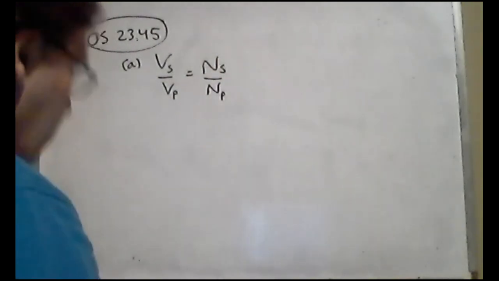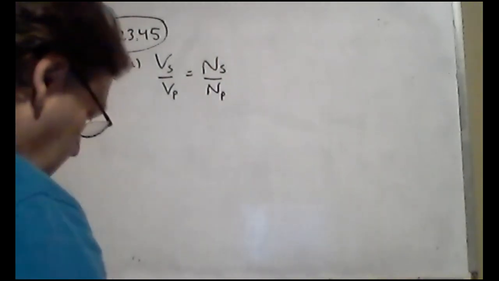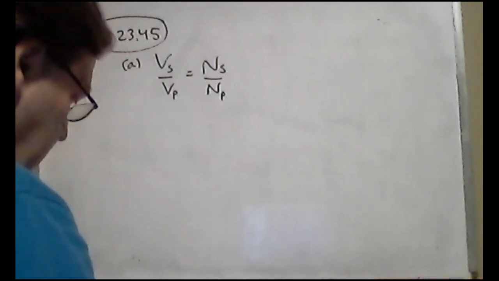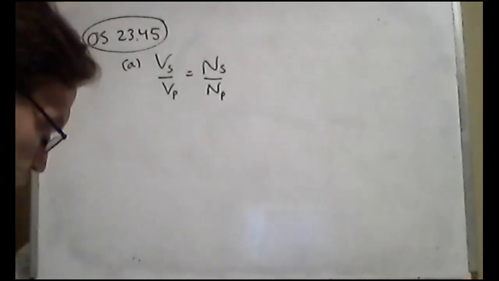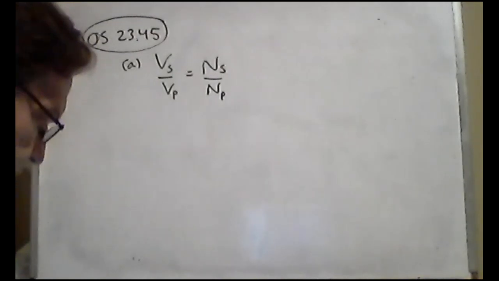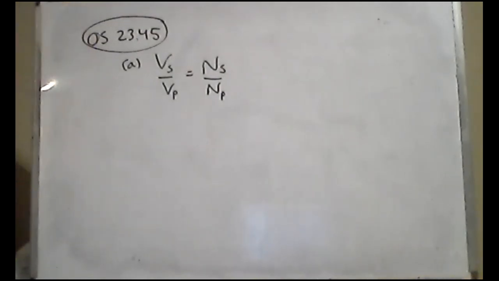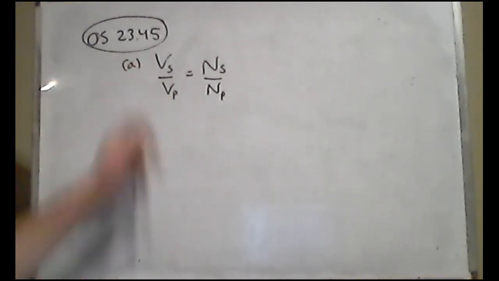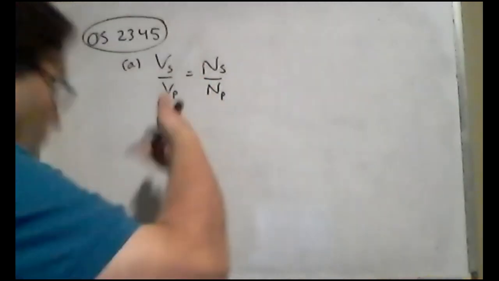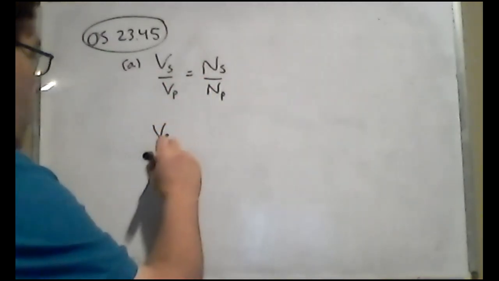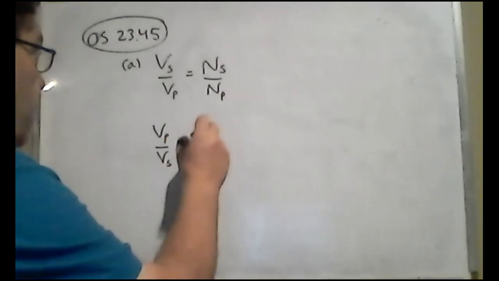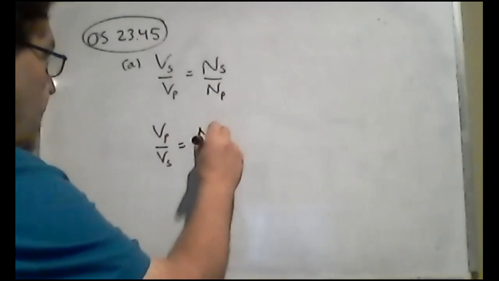Now, if we read this carefully, part A says, what's the ratio of the primary to the secondary coils in a transformer? The way this is written is a ratio of secondary to primary. So let's flip the equation upside down. We really want the ratio of primary over secondary.